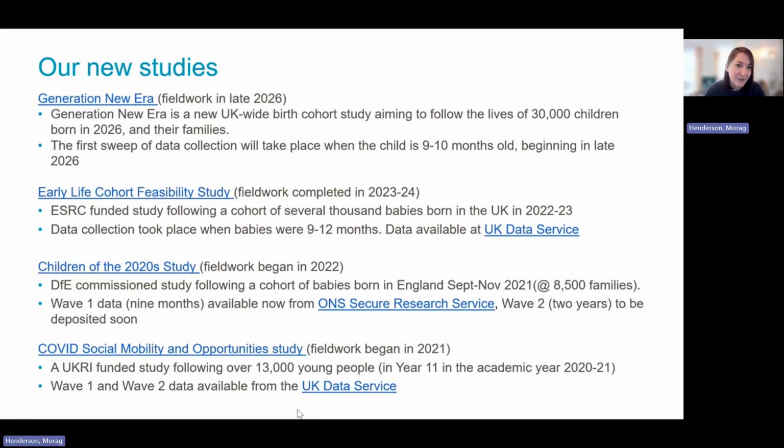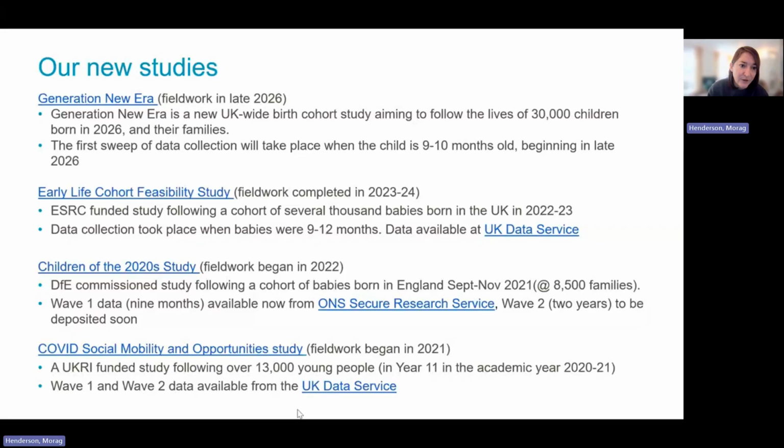And so there's still some data collection that is available for analysis at the UK Data Service, where all of our studies are deposited. So if you're interested in babies in very young stages, then that's a useful new resource that is quite new, so perhaps underused at this stage.